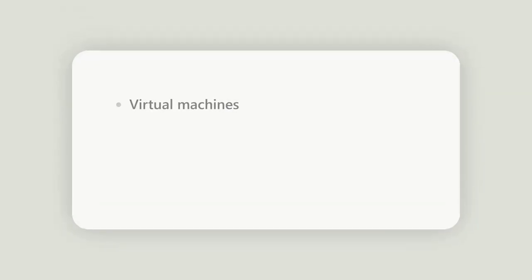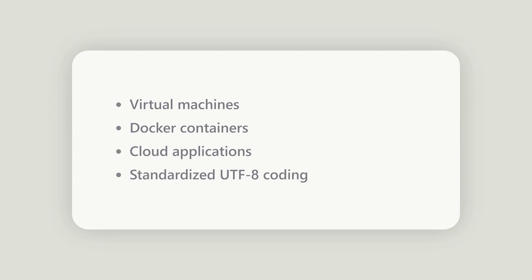Jamila's team's use of virtual machines for extensive testing, Docker containers for consistent environment replication, and cloud applications for seamless file management proved to be highly effective. By standardizing UTF-8 encoding and employing cleanup scripts to handle hidden files, the team ensured file integrity across OS boundaries.